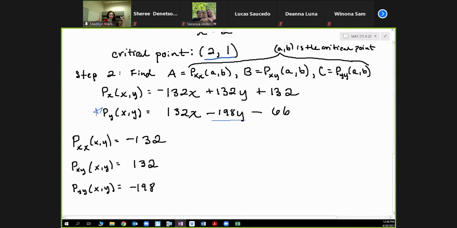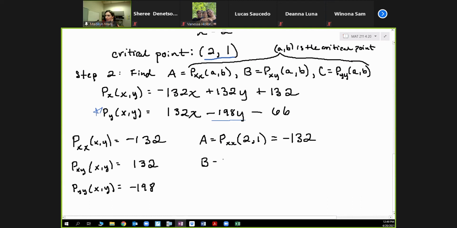So again, in this case, we don't have to worry about plugging in the critical point because there's no x's or y's in any of these second order partials, but I'm still going to write it just for clarity. So A would be this with our critical point 2, 1 plugged in, but no matter what x and y are, we're always going to get negative 132 here.